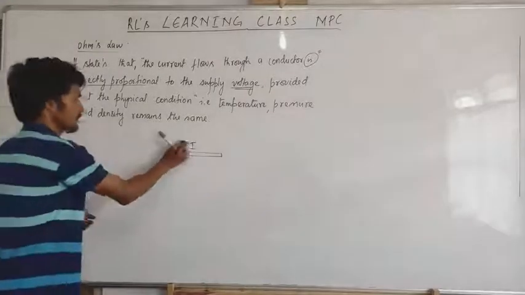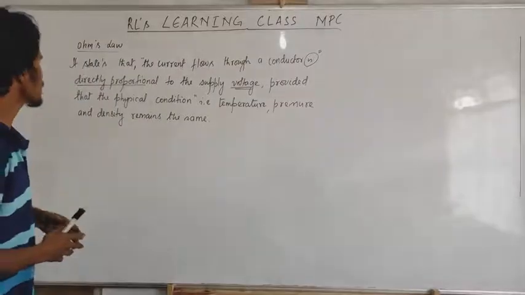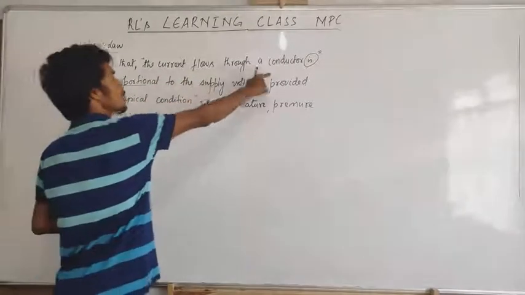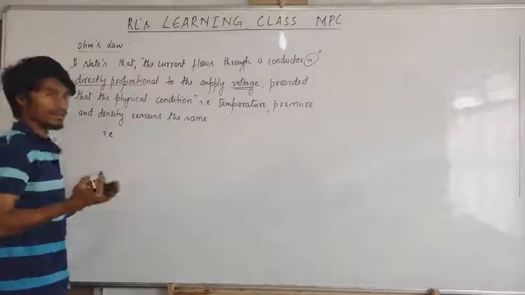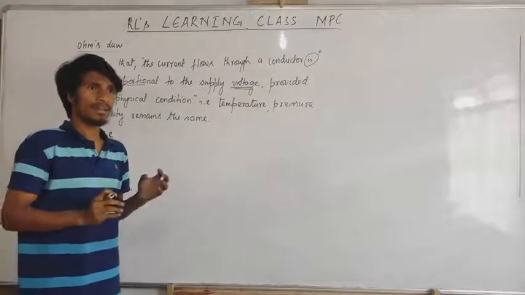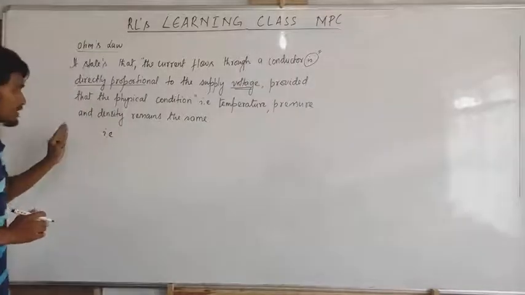Now let's write this statement in terms of a formula. The current flows through a conductor. What's the symbol for current? That is the mathematical form I can write. They may give a question like this: write the mathematical expression of Ohm's law. The mathematical expression of Ohm's law will be this.